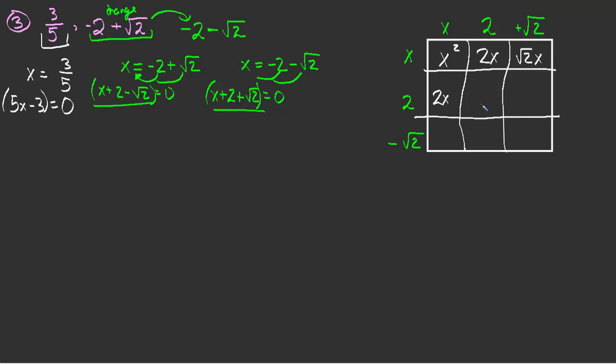So we have 2x, and then the next one is going to be 4. And then 2 square roots of 2.